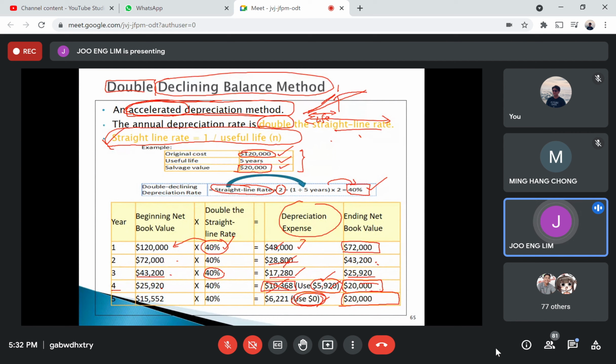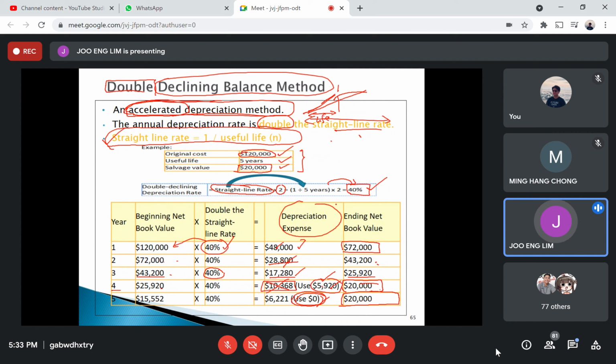And of course, when we look at business, the faster you get back your cost from your revenues, the better, because the more you go into the future, there is more uncertainty. Second thing, if this is a machine, maybe you say 5 years, but after 3 or 4 years, there's new technology already. Your machine may be obsolete, and you want to consider replacing it with another machine. And if you don't depreciate it faster, your machine still has a book value, clear?